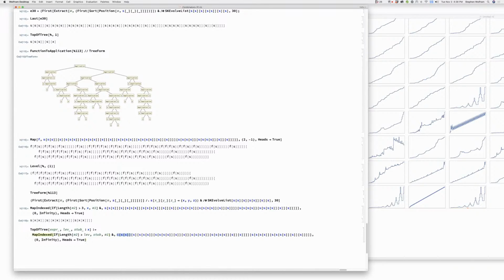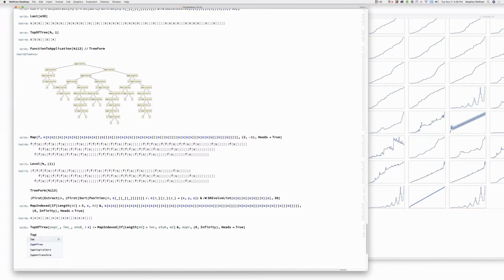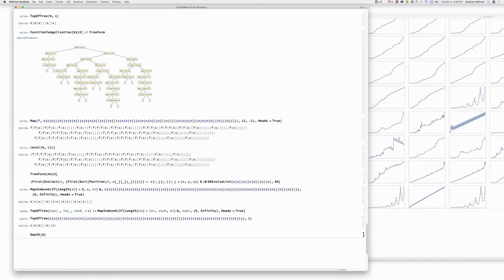And then this is expa. Okay, so let's say top of tree of this thing here. And I think what's going to happen is, let's say I say level 1. Okay, now what is the depth of that? The depth of that is 2. So I think I'm off by 1 here.